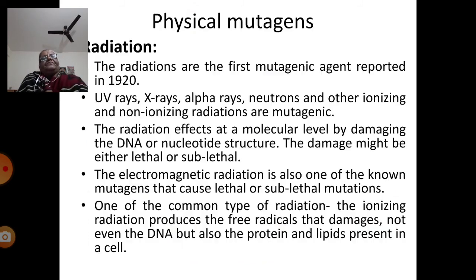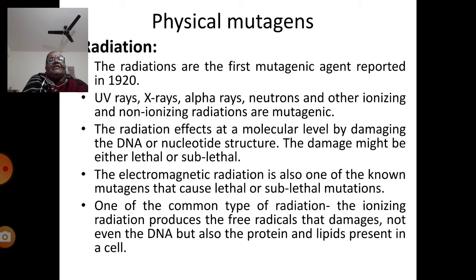Now, let us talk about physical mutagens and that is radiations. The radiations are the first mutagenic agent which were reported as early as in 1920. UV rays, ultraviolet rays, X-rays, alpha rays, neutrons, and other ionizing radiations, and also non-ionizing radiations come under this category of physical mutagens.